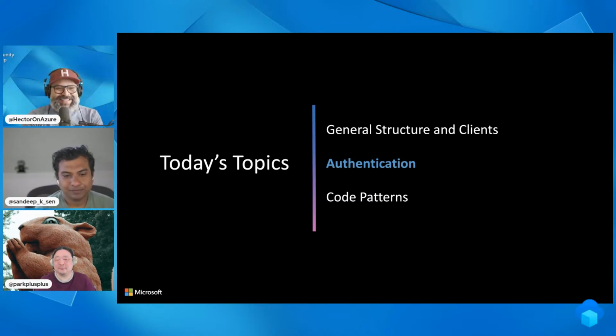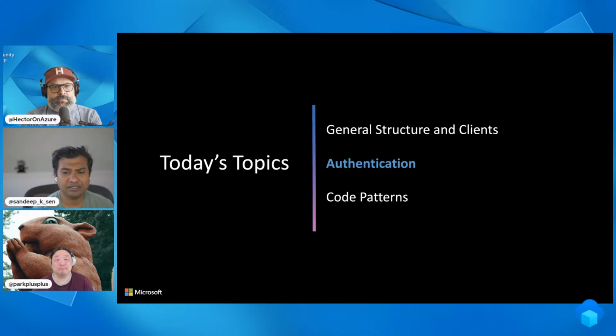We'll get you help. All right, Sandeep, you want to tell us a little bit about what we're going to be talking about today? So today's topics are focused on the Go SDK as usual, but today we are going to focus specifically on the general structure of the Go SDK, how it's structured in a repo, and how you can find it. The second most important part in general structure is clients.